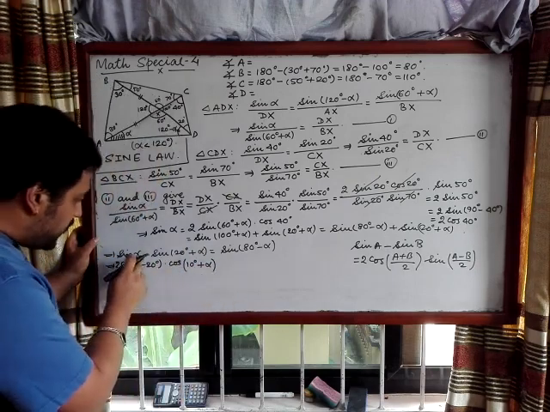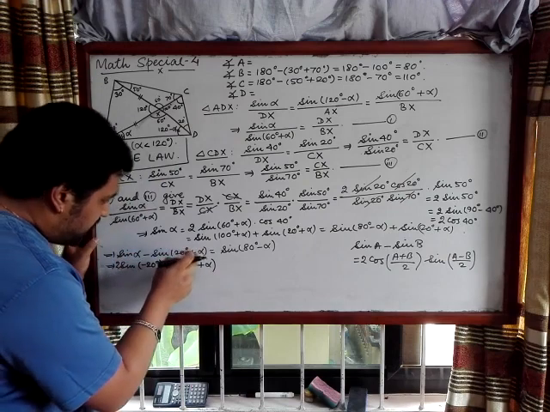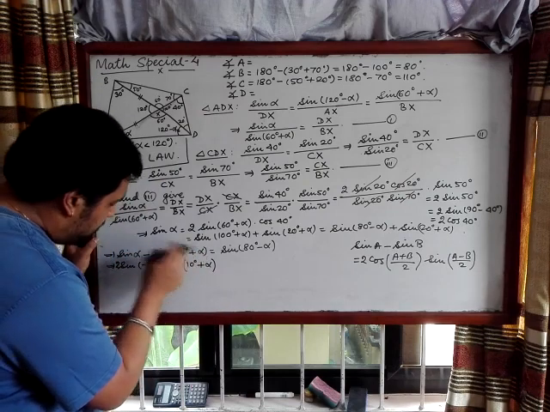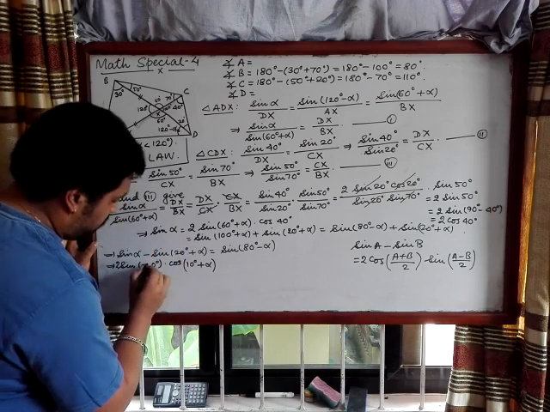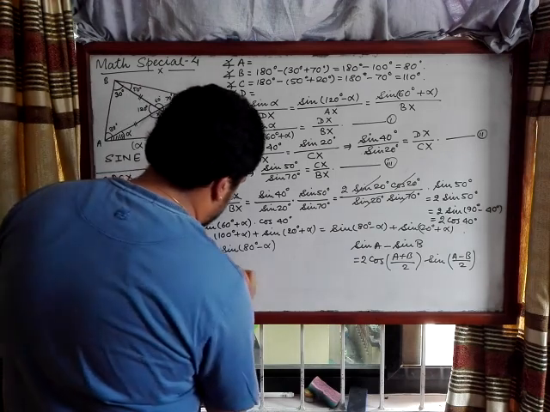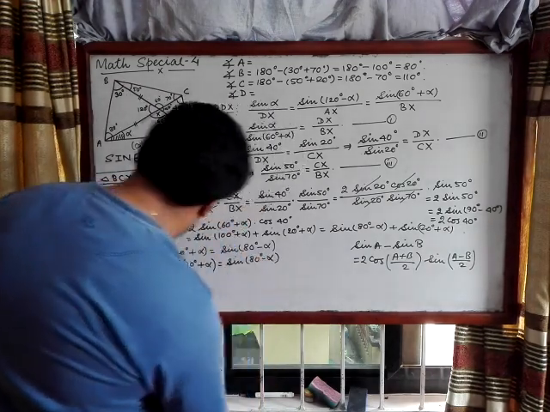Okay, wait. A minus B by 2 means A minus B means alpha, alpha cancels alpha. Minus 20 by 2 means this is minus 10. Sine 80 degrees minus alpha.